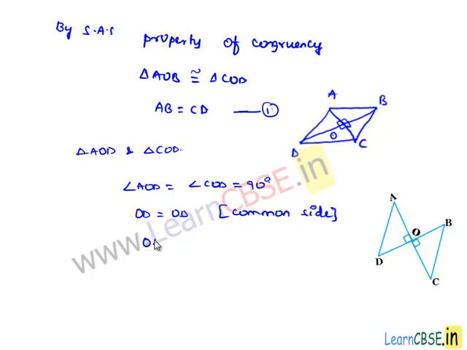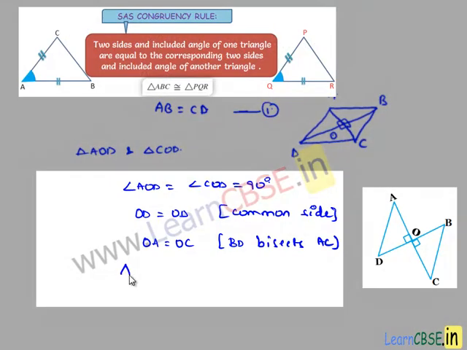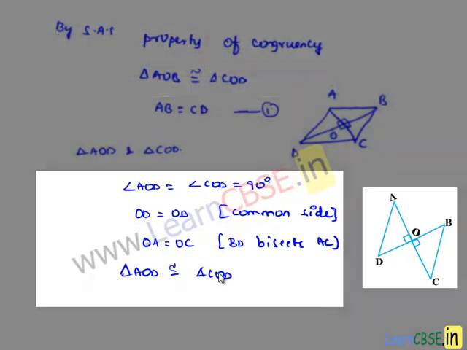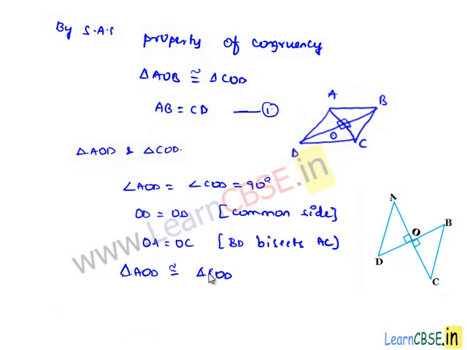OA is equal to OC as BD perpendicularly bisects AC. So here one angle and two sides of the triangles AOD and COD are correspondingly equal, we can say triangle AOD is congruent to triangle COD. When two triangles are congruent, then their corresponding sides and corresponding angles can be equated. So here let us equate AD is equal to CD. Let us name it as equation number 2.